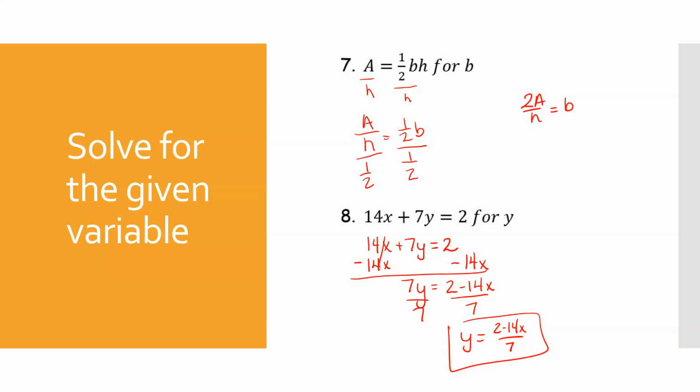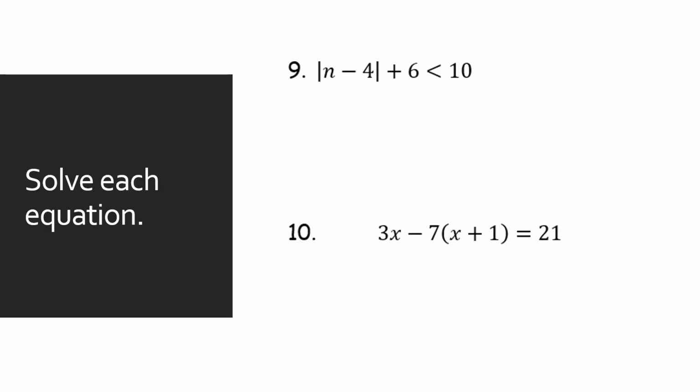Okay. Number 9 is really an inequality, and I repeated that in the inequality section, so we're going to save that for later. Number 10, solve each equation. If we follow our to-do list, we're going to distribute. So I have 3x minus 7x minus 7 equals 21.